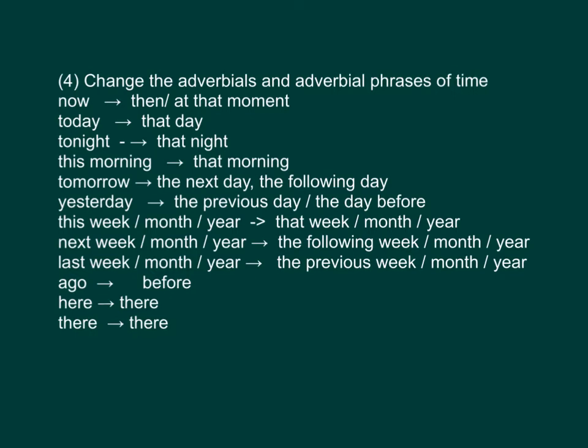Yesterday to the previous day or the day before. This week, month or year to that week, month or year. Next week, month or year to the following week, month or year. Last week, month or year to the previous week, month or year. Ago to before. Here to there.